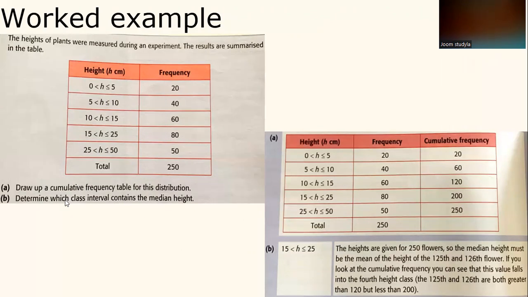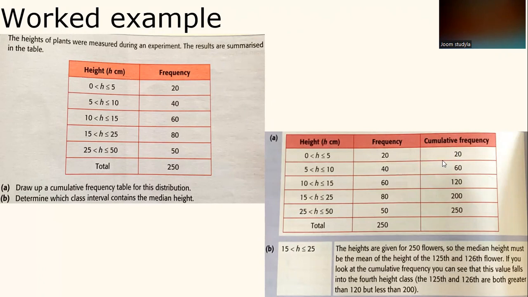So what you have to do is you just add another column which is for cumulative frequency. As I already taught you just now, to calculate the cumulative frequency, the first frequency is added to the second line of frequency.